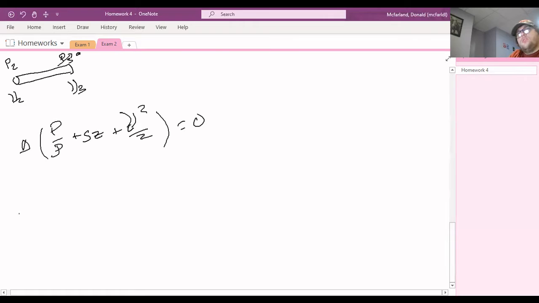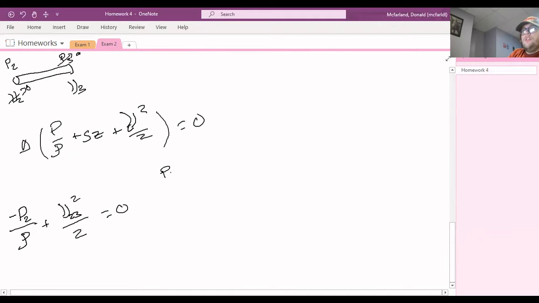So pressure negative P2, because remember, outlet minus inlet over density of the fluid plus GZ, just 0. And then, like our last deal, this will go to 0, leaving us with the velocity from 2 to 3 squared over 2.